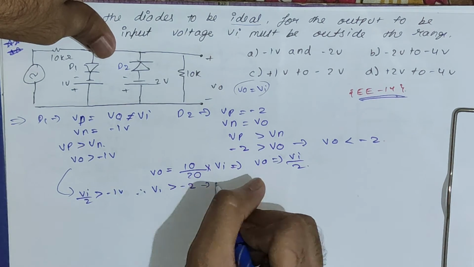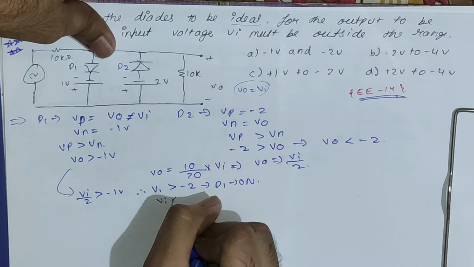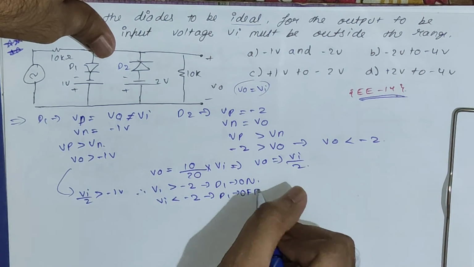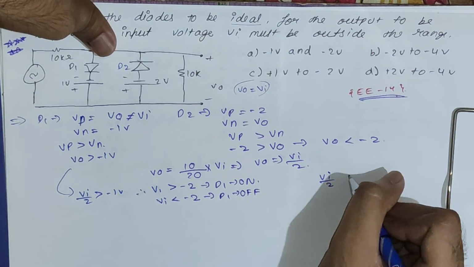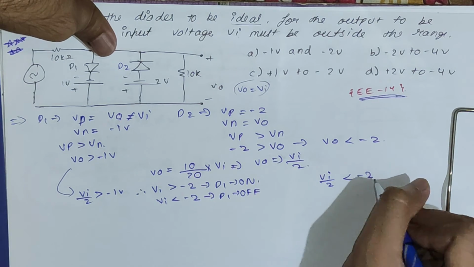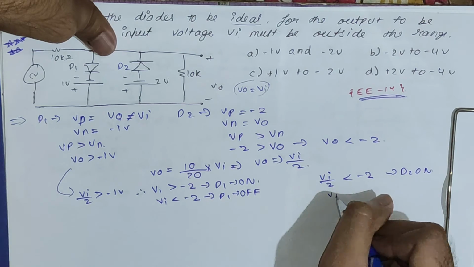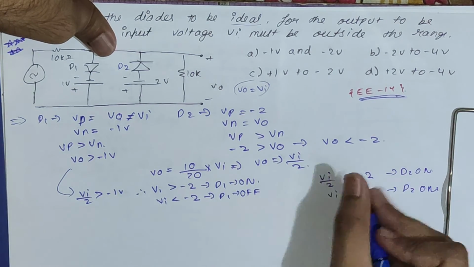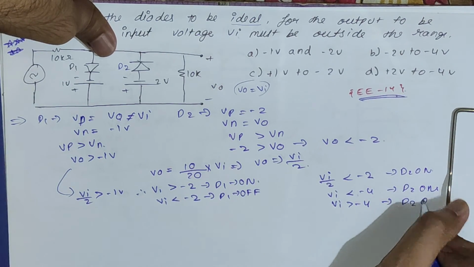At this time D1 will be on, and if Vi is less than minus 2 volt, D1 will be off. Similarly for D2, Vi by 2 less than minus 2 means D2 will be on, which is Vi less than minus 4. And if Vi is greater than minus 4, D2 will be off.